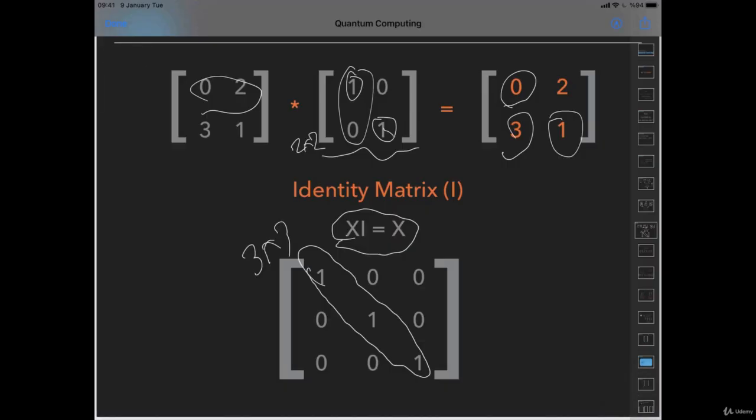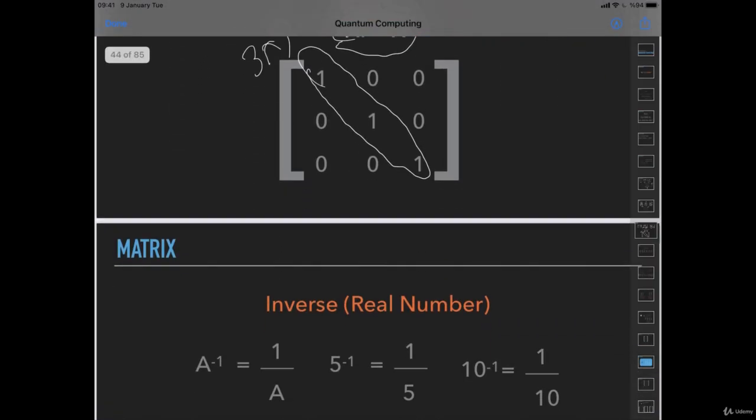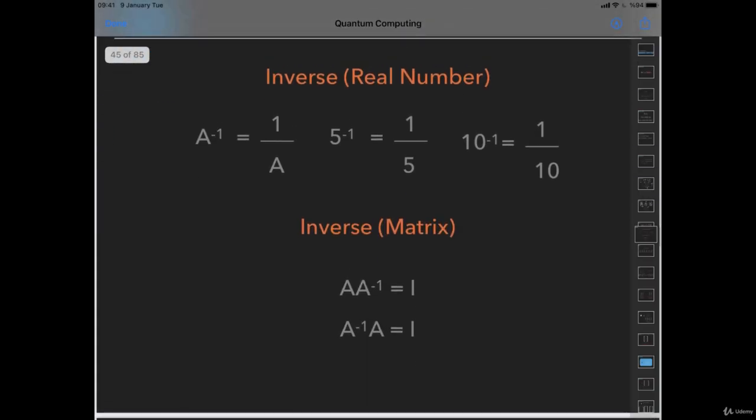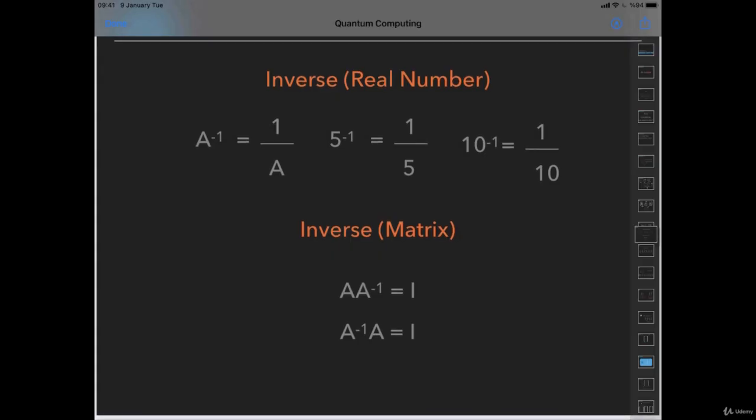We're gonna use this idea when we try to find the inverse of a matrix. For example, for the inverse of a real number, you can write a to the power minus 1, and it's equal to 1 over a, right? You can do this with 5 to the power minus 1, it's equal to 1 over 5.